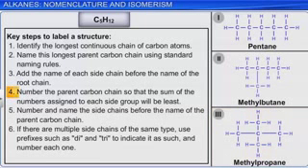Now, number the parent carbon chains so that the sum of the numbers assigned to each side group will be least. In structure 2, the carbon atoms are numbered 1 to 4 with the substituent alkyl group at carbon atom number 2.